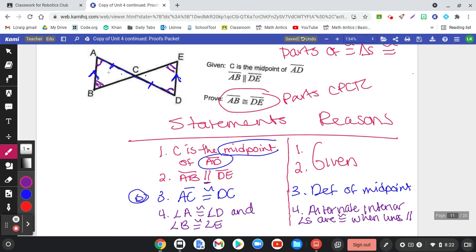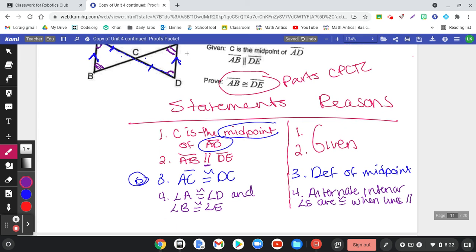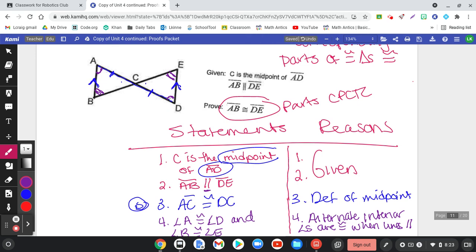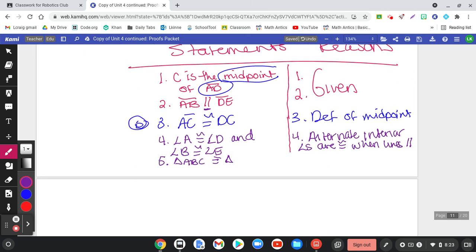So I'm just going to say triangle ABC, and it doesn't matter which one you start with. Triangle ABC is congruent to triangle, since I said A, it's got to be D because those are the ones that match, and then EC.